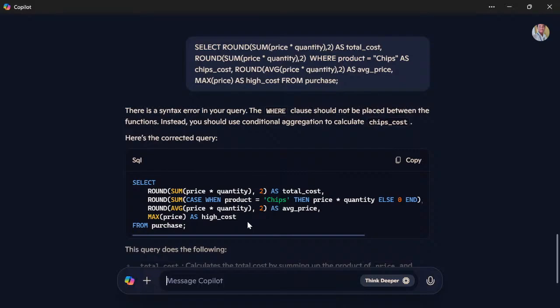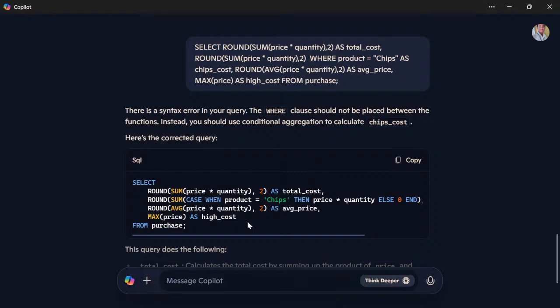I have to try it. So CASE means, okay, definitely it will be if-else, like in any other programming language, it will create a scenario like that. And let's see, when product, okay, I have to write here the chips, and if it is chips, then I have to multiply the total cost formula, quantity, and if it is not, else it will be 0.